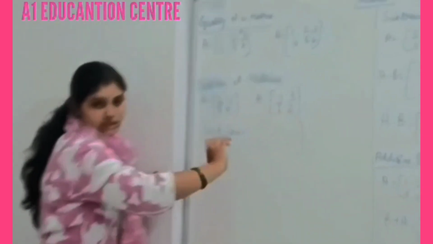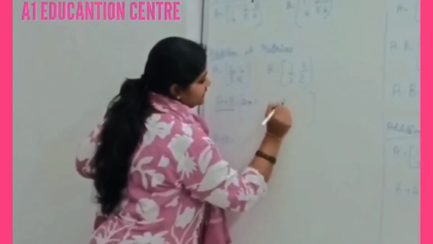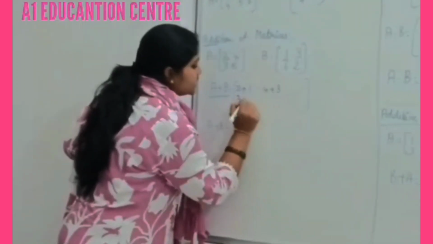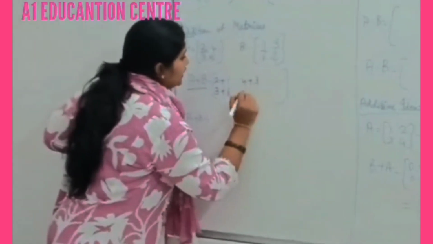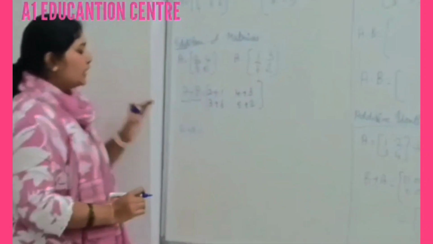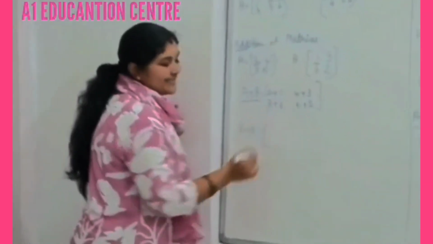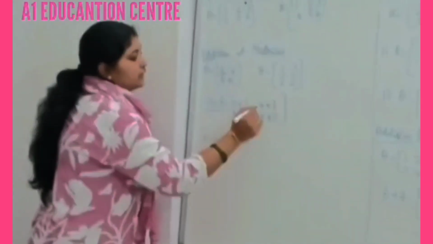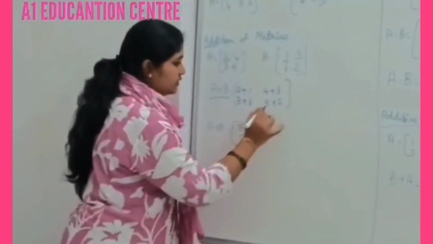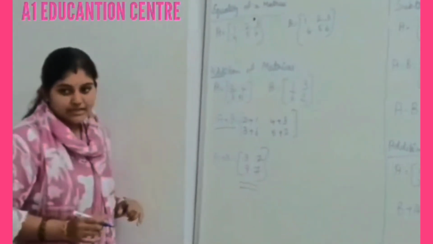Now it is going to be 4 plus 3, then 3 plus 6, then 5 plus 2. Now you are going to add. 2 plus 1 is going to be 3. 4 plus 3 is going to be 7. 3 plus 6 is going to be 9. 5 plus 2 is going to be 7. This is going to be your addition of matrices.